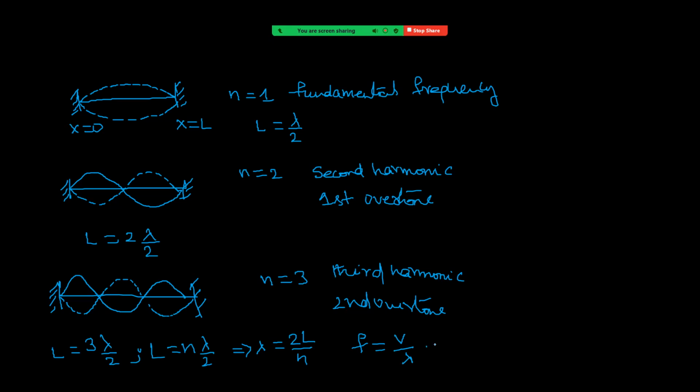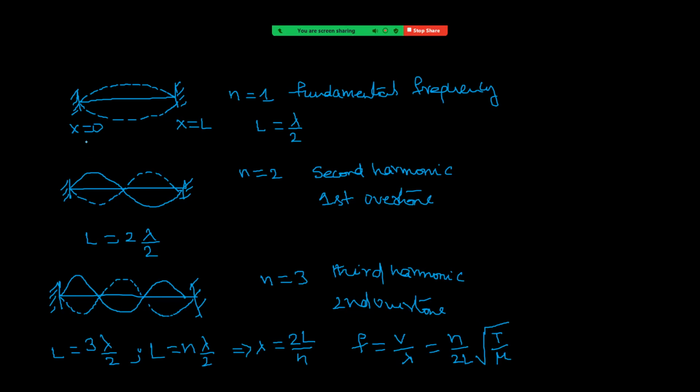In the place of lambda, writing 2L by n, it becomes n by 2L. In the place of v, root of T by mu. This is now the expression for the frequency of the nth harmonic. Nth harmonic means there are n loops.